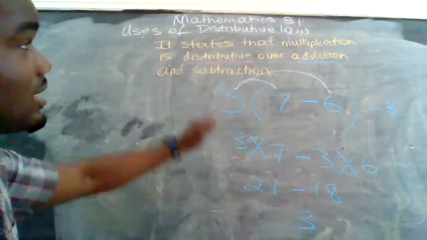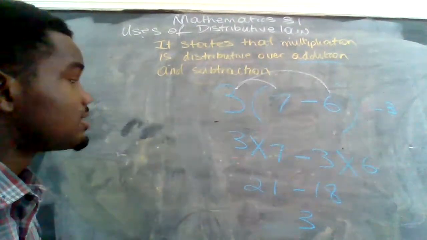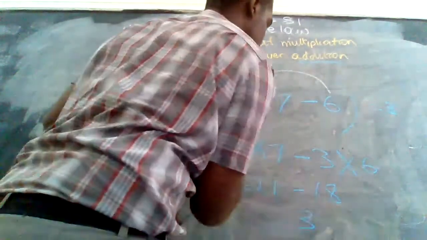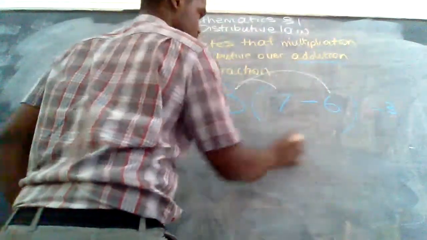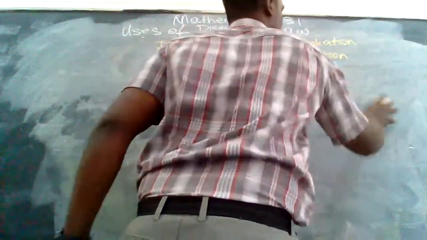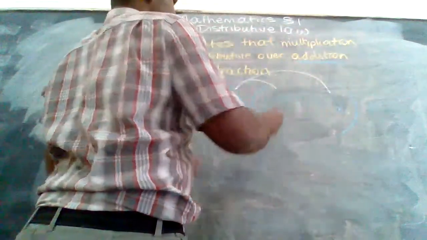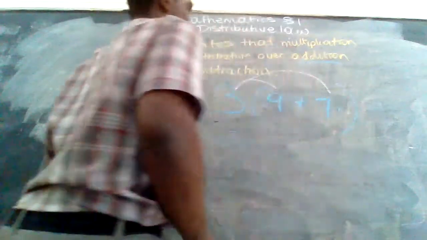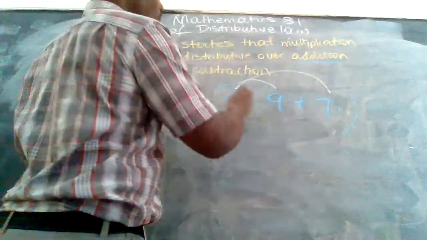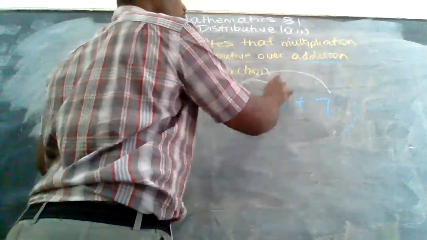Okay? So that's to show you subtraction using distributive law. Let's try addition now. Quickly, let's do one example of addition. Let's say I have 3 bracket 9 plus 7. Okay? We're going to distribute this 3 to both terms.